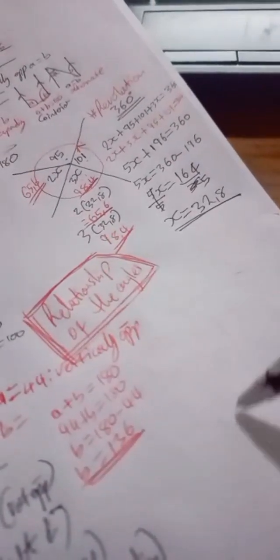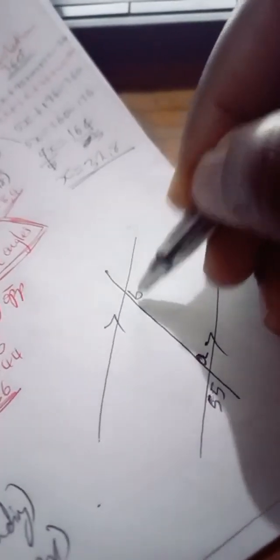Let me see this question. Yes, the transversal line is there.